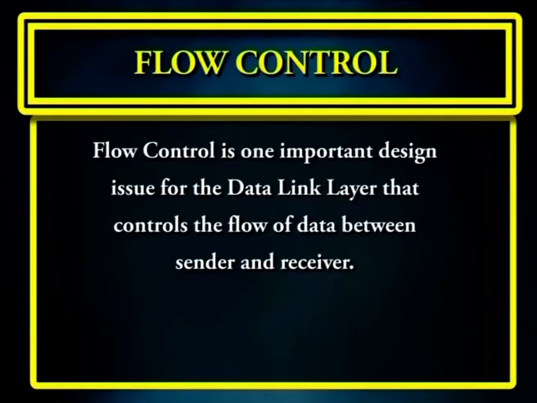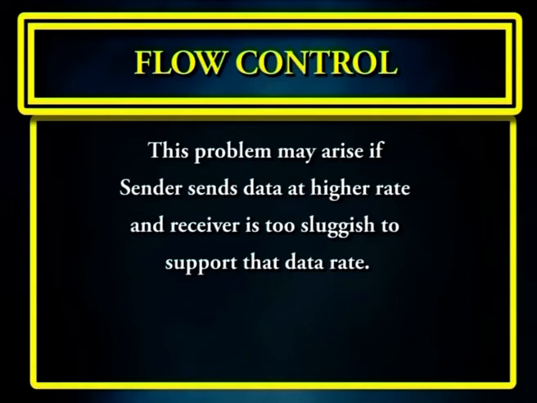Now let us move over to flow control. Flow control is one important design issue for the data link layer that controls the flow of data between sender and receiver. This problem may arise if the sender sends data at a higher rate and the receiver is too sluggish to support that data rate.